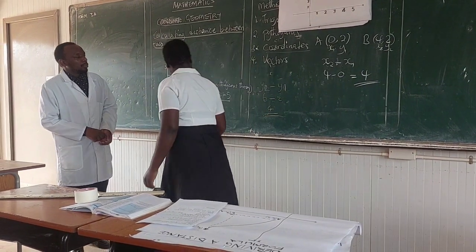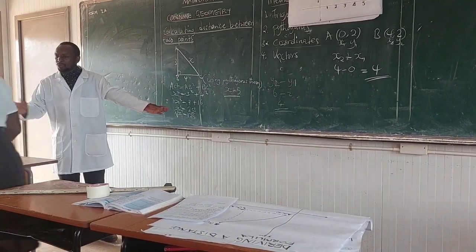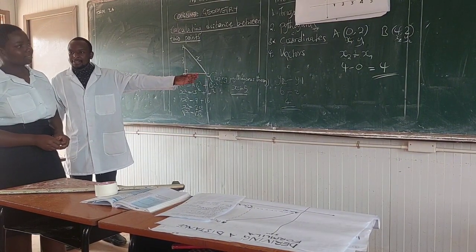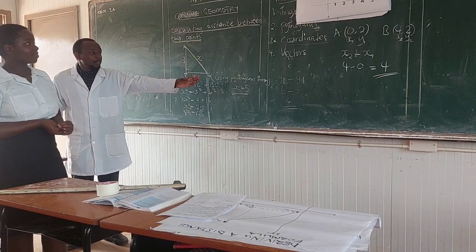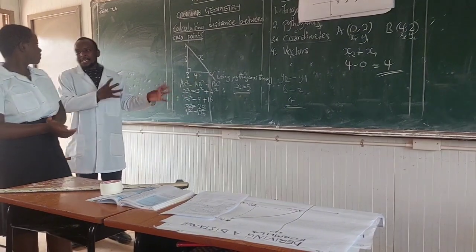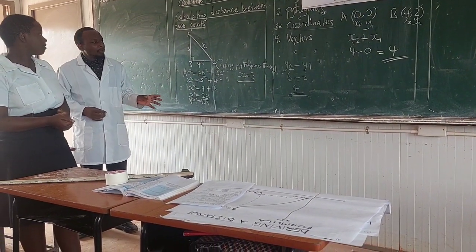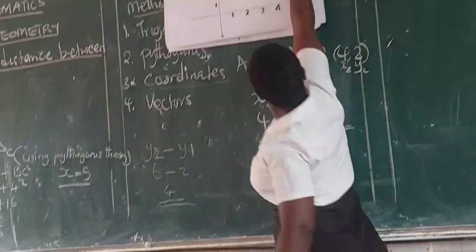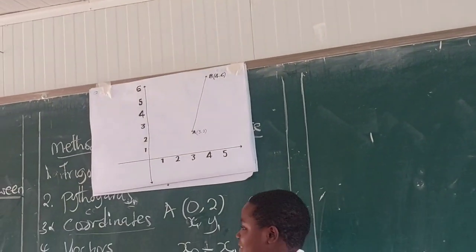Okay. Do you understand what you are collecting here? The collection you have made. Do you understand? Where is y2? Can you show us the y2 there? Oh, so 6 is our y2.